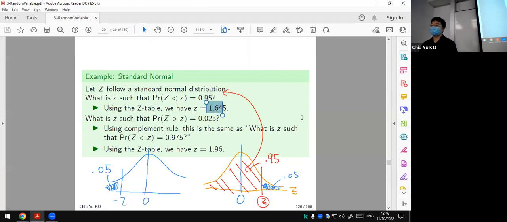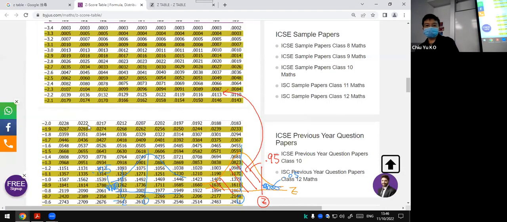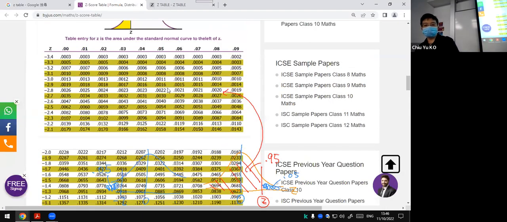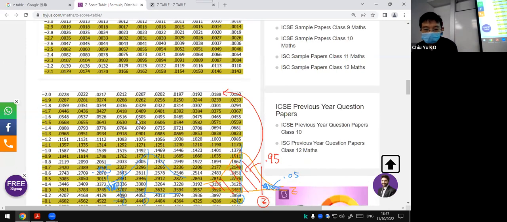Is that clear how we get this one? Let me do it again, I guess that would be important. On the left-hand side I need 0.05. Instead of looking at the column and the row, I look at the entry, which is 0.05. I don't know whether you can see it clearly.